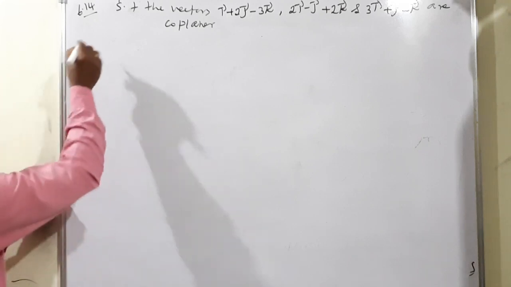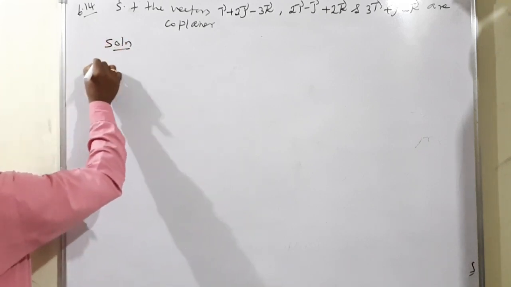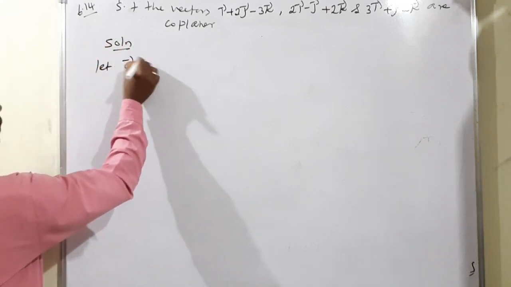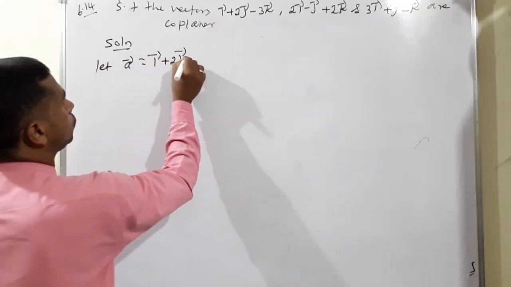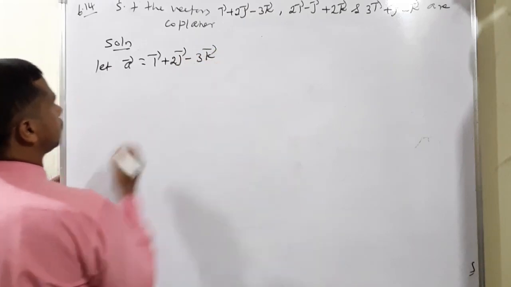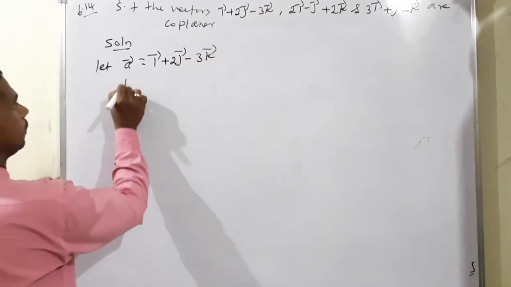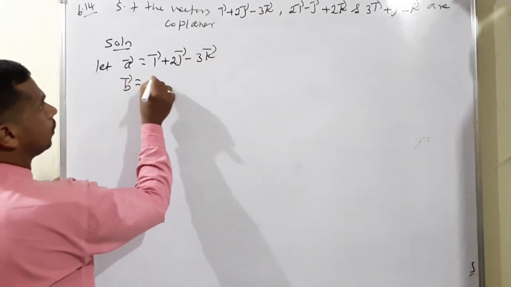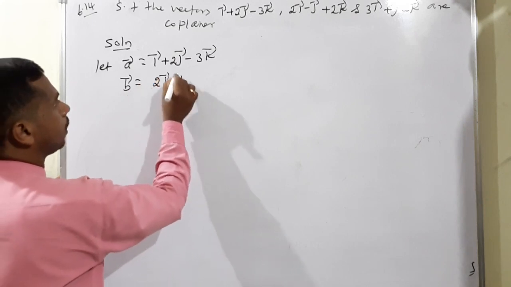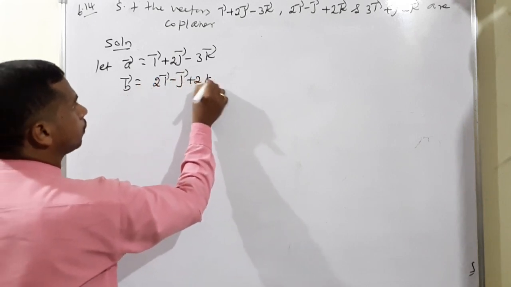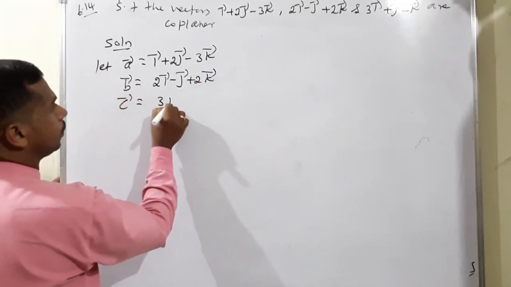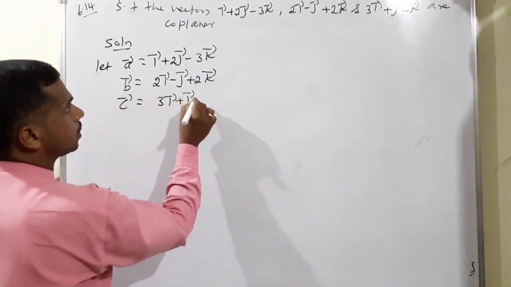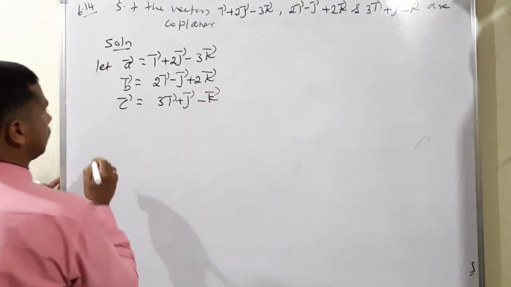Okay, so solution, consider vector A is equal to i vector plus 2j vector minus 3k vector. Next, vector B is equal to 2i vector minus j vector plus 2k vector. Then vector C is equal to 3i vector plus j vector minus k vector.